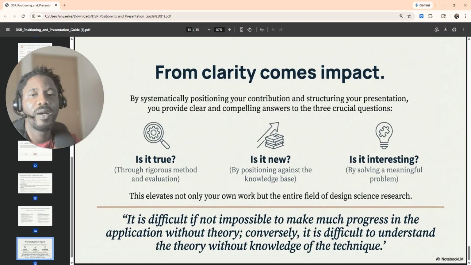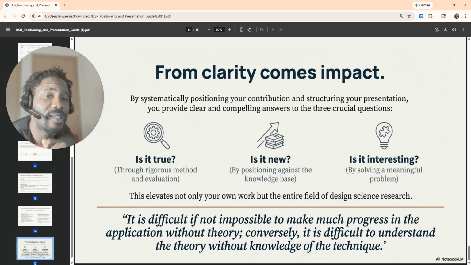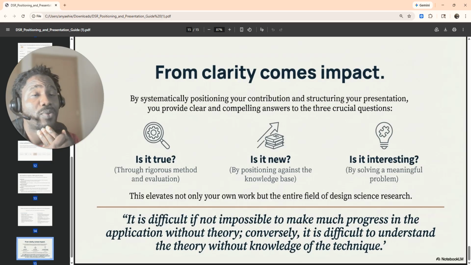So number 15. Ultimately, structure leads to impact. By using the contribution framework to position a paper and the publication schema to present it, you provide a clear answer to those three big questions: is it true? Is it new?